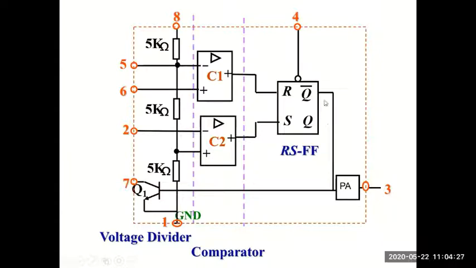Also, this same Q bar controls the switching on or off of transistor Q1. I told you Q1 is an NPN transistor. So if the base is at logic 0, this transistor will be switched off.